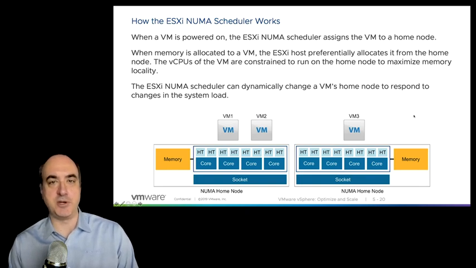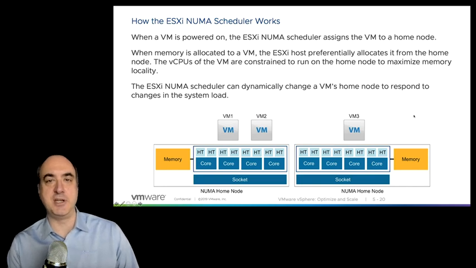In non-uniform memory architecture, like we see here in our example, there are essentially dedicated memory banks for each of the different CPU sockets. So for instance, you have a socket with its local attached memory, and another socket which has its own attached memory.